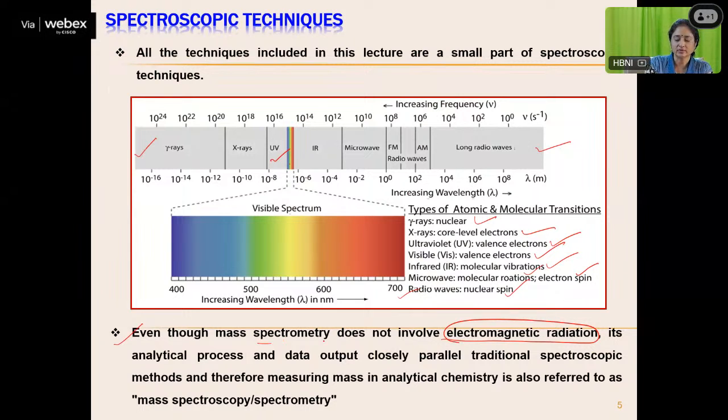Still, it is known as spectrometry. It is maybe because its analytical process and data output closely parallel traditional spectroscopic methods, and therefore measurement in mass analytical chemistry is also referred to as mass spectroscopy or mass spectrometry.